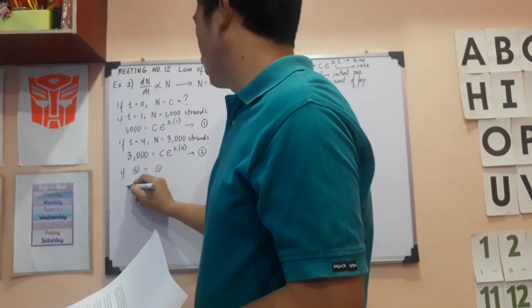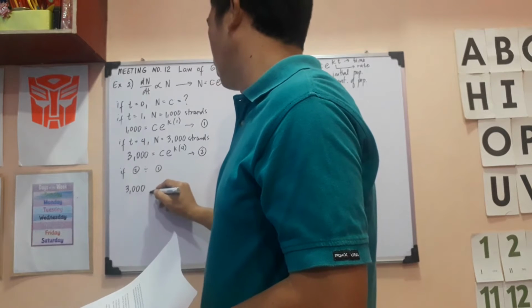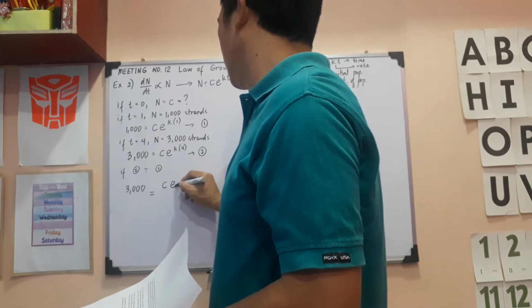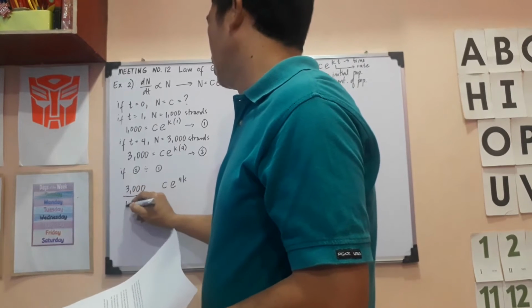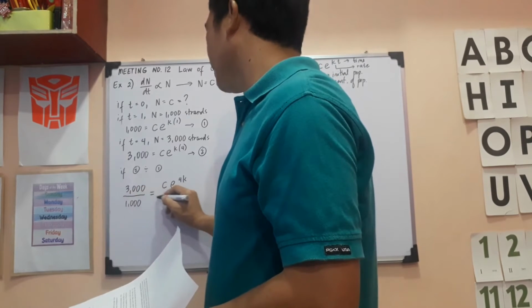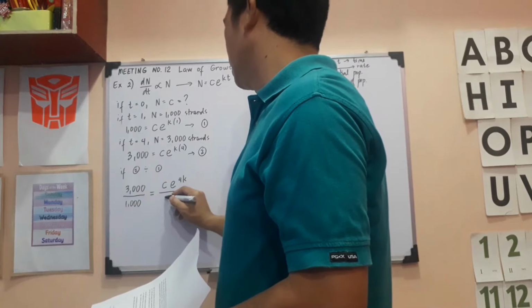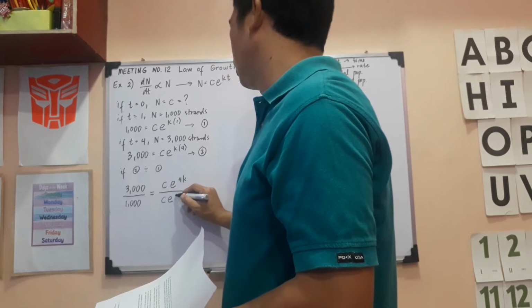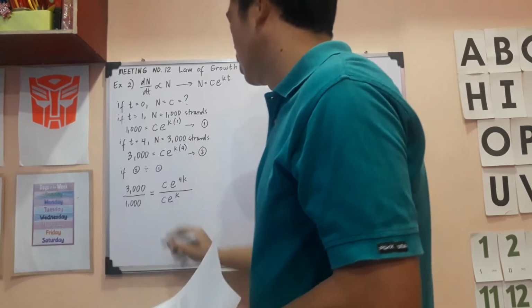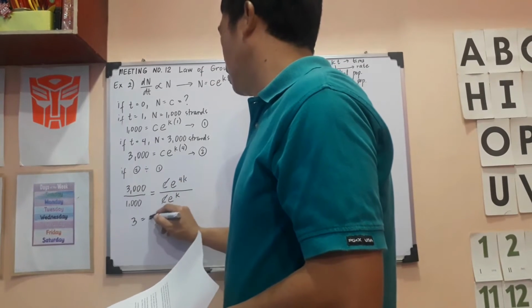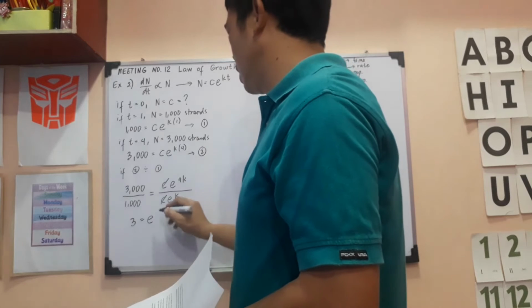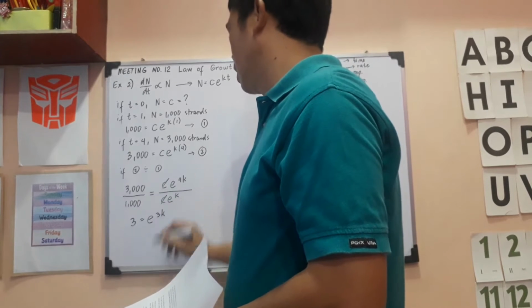So, for equation 2, 3,000 equals C e raised to 4K over 1,000 is C e raised to K. So, this is 3 is equal to, cancel ang C, and then e raised to 4K minus K is 3K.